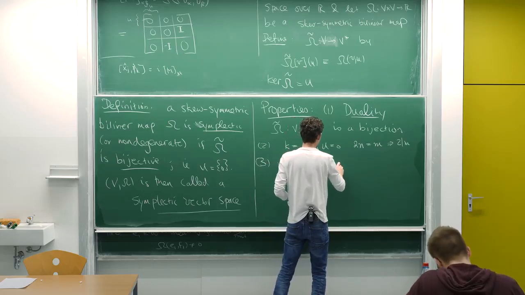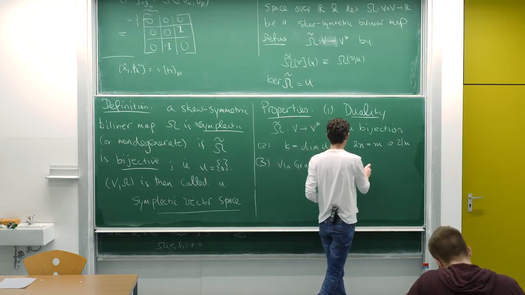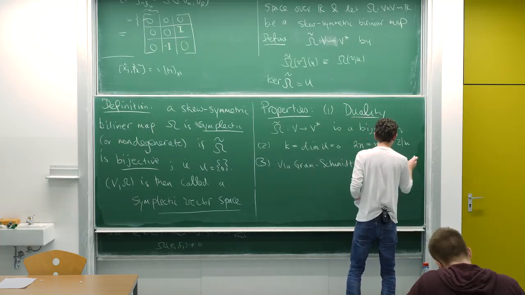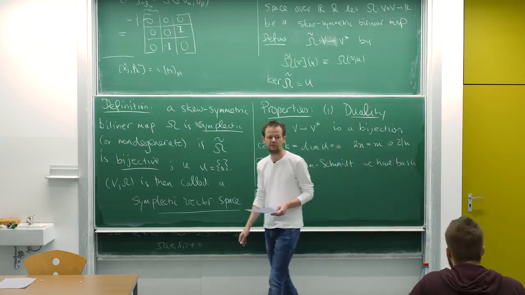Via Gram-Schmidt above, we have a basis with just E's and F's. We don't have any U's.